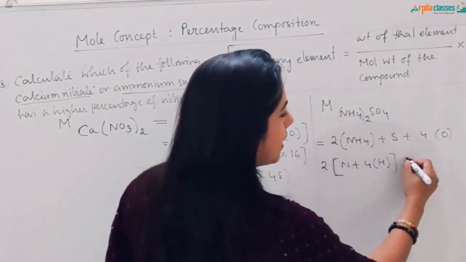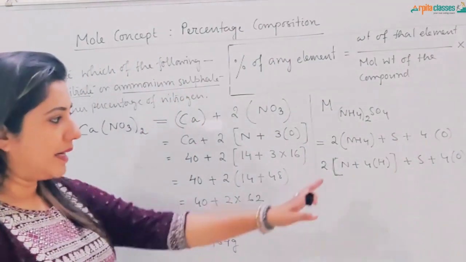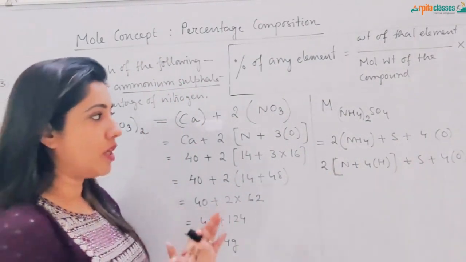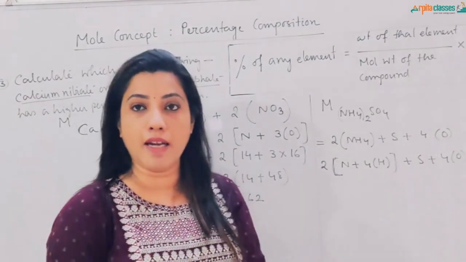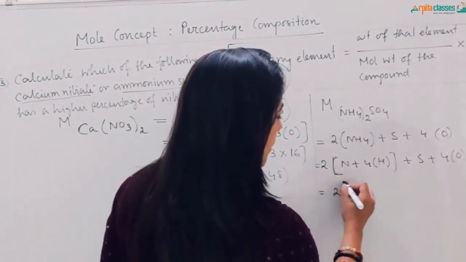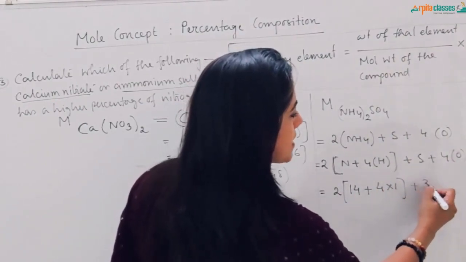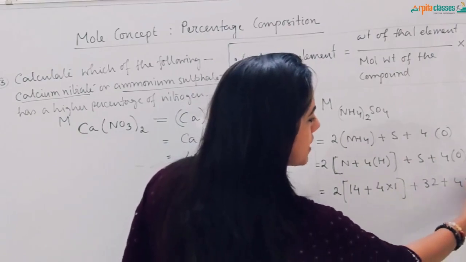We'll put another bracket plus sulfur plus 4 into oxygen. So I am writing this so that you do not have any confusion. If you can do it in one line, you can do it in one line, no problem. So this is equal to 2 into atomic weight of nitrogen is 14, 4 into 1 plus 32 plus 4 into 16.